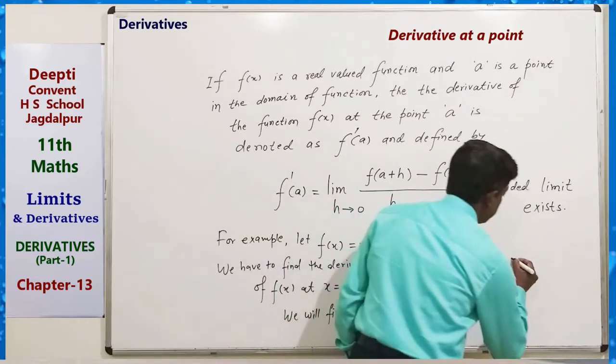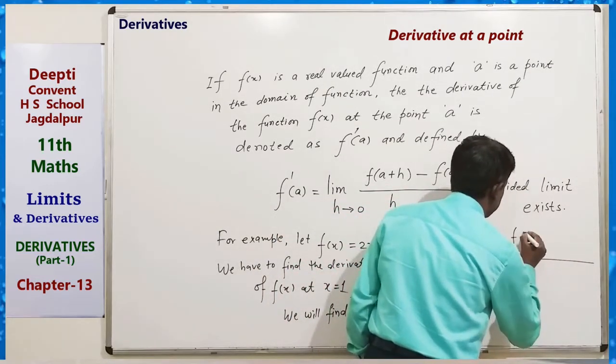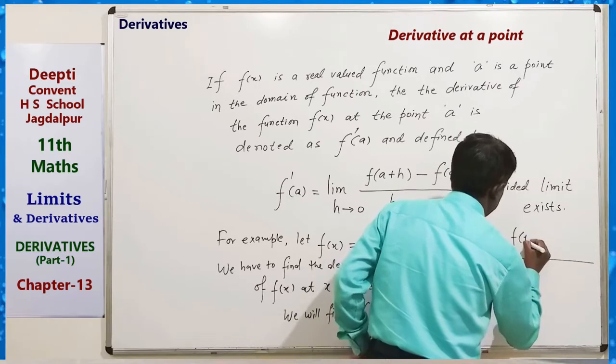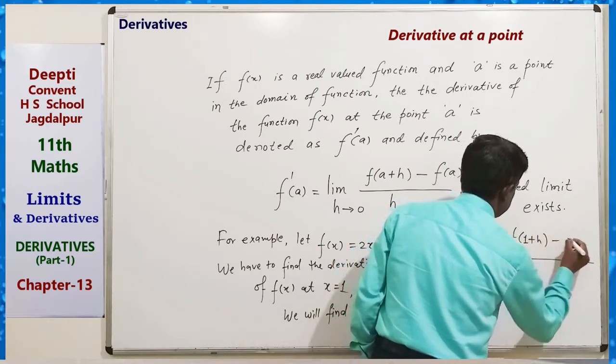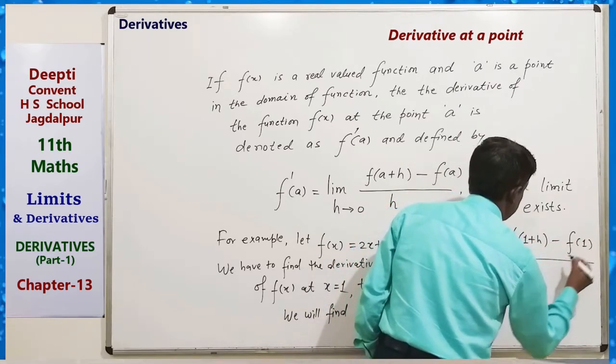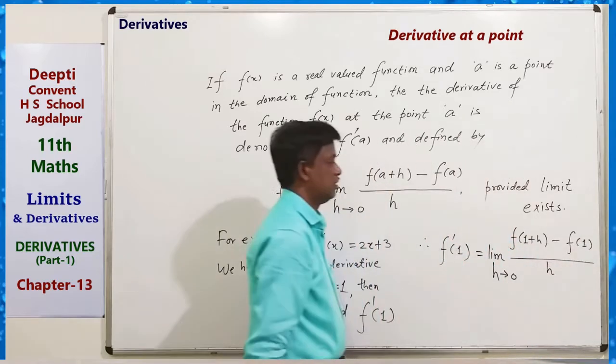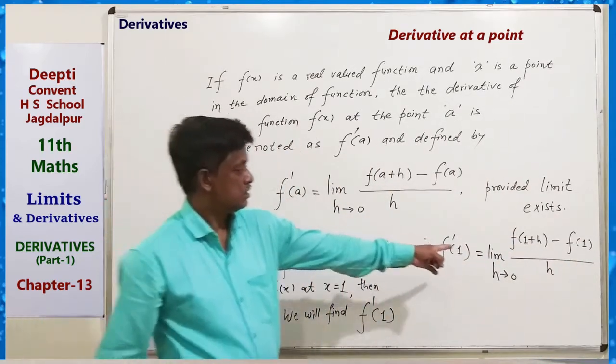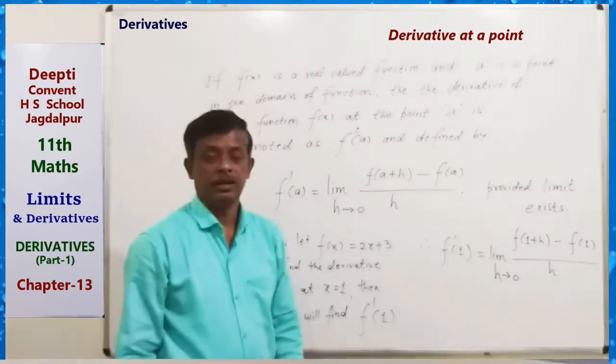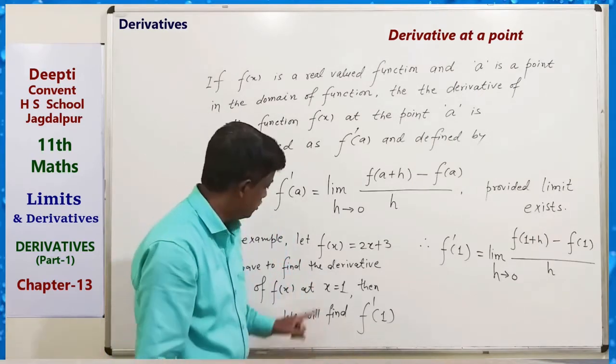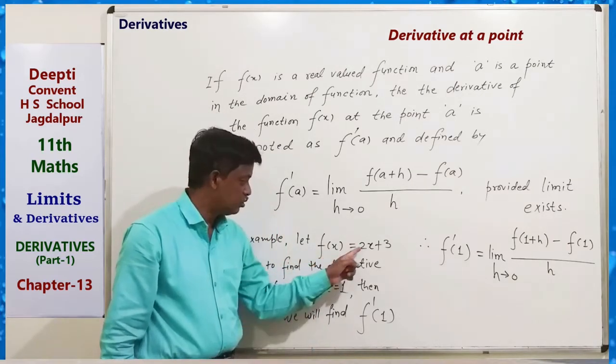So f(1 plus h) minus f(1) upon h. Now our target is finding this limit. The definition of the function we will use from here, f(x) equals 2x plus 3.